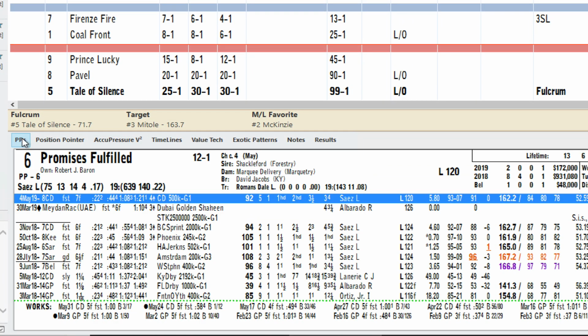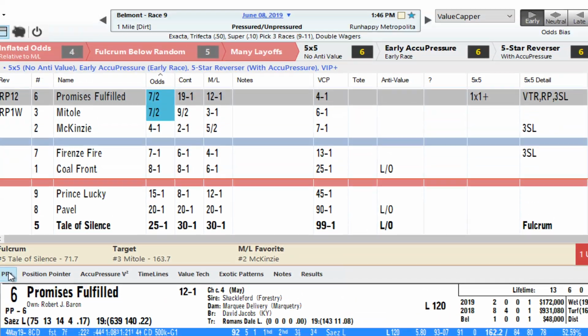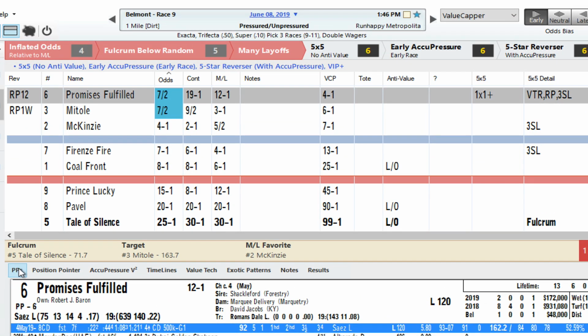Now, it is a little early for the track, but positionally, it may do well. So, would I take the Value Capper price of 4-1? No way, just because it's running against two very, very good horses, Mitoli and McKinsey, who will be the two favorites in that race. But give me 10-1 on Promises Fulfilled? Sure. This is a race that took me like 30 seconds.